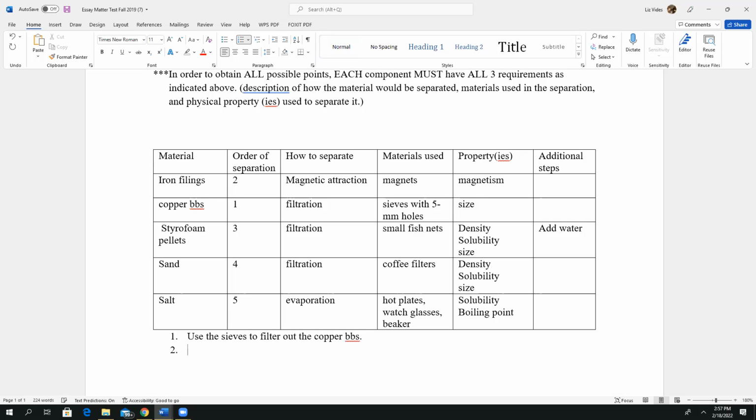It doesn't matter. 2, and this is you're writing it so that if somebody was coming after you and you weren't there, they could follow your directions and do exactly what you did, okay? Use the magnet to separate the iron filings. Okay, there we go.